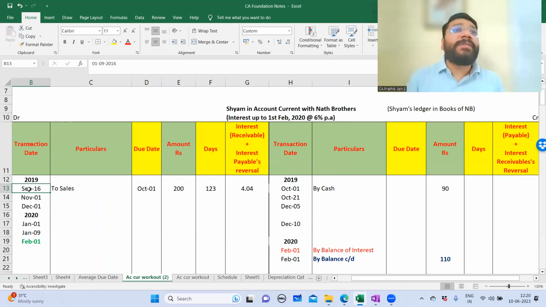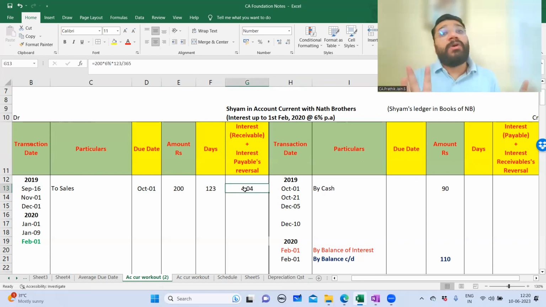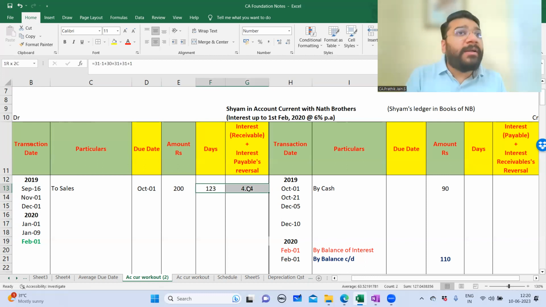He honored his promise to the extent of 90 rupees. So on the due date, I correctly got 90 rupees. So on that 90 rupees, is Sham supposed to pay his interest? But this 4.04 says that on full 200, interest is receivable. So can I say now, to that extent of 90 rupees, the interest you calculated here, we have to reverse the interest. Makes sense, no?